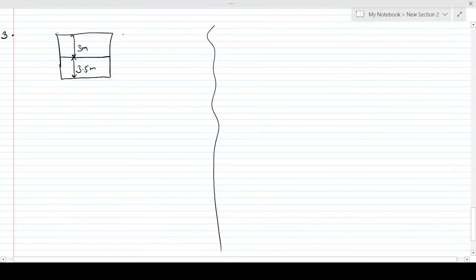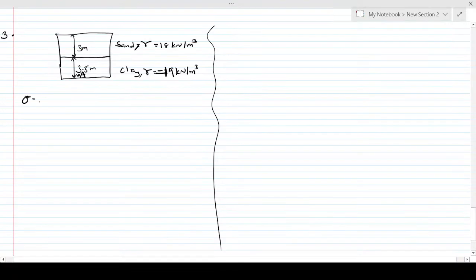We are considering the top layer to be sand with a unit weight of 18 kilonewton per meter cube. Then we are considering the lower soil to be clay with a unit weight of 19 kilonewton per meter cube. Now, we are being asked to determine the vertical stress at point A.